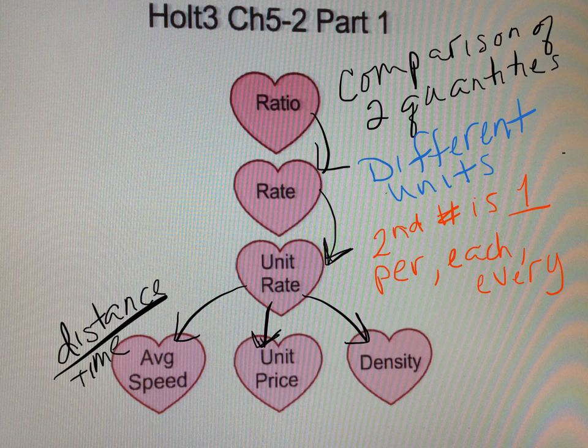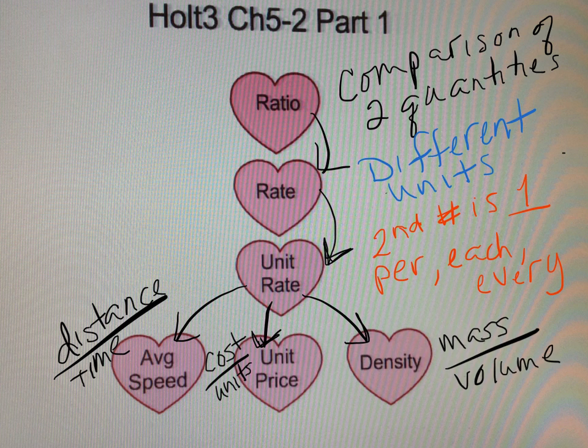We have unit price, which is a comparison between cost and the number of units you're buying. And for our science friends, a special unit rate is density, which is a comparison between mass and volume. These are special unit rates because they're ones that we come across on a regular basis.